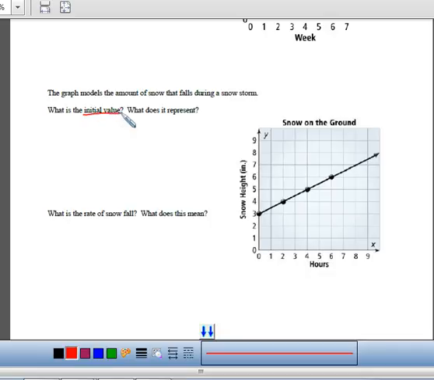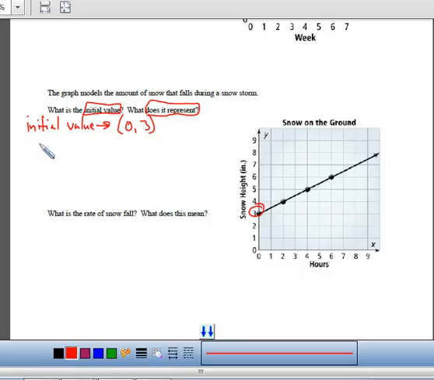So, initial value first, and then we want to know what does it represent. So first let's find the initial value. Now, since it doesn't start at the origin, it's not going to be (0, 0). It starts right there. The output value is 3.